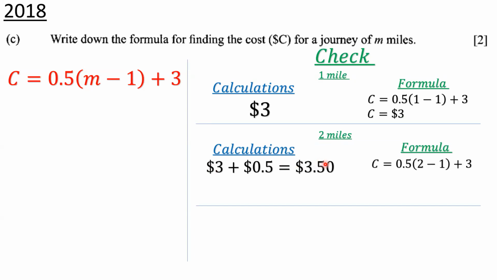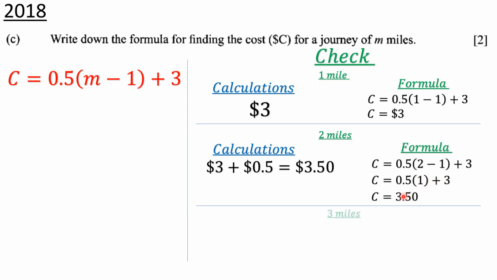Okay, so let's look at my formula. I'm saying that we have 0.5 multiplied by 2 minus 1. Why is it 2? It's 2 because it's 2 miles. And so it's going to be 2 minus 1, which is 1. So 0.5 times 1 plus 3 is going to be $3.50. So we get the same thing so far.